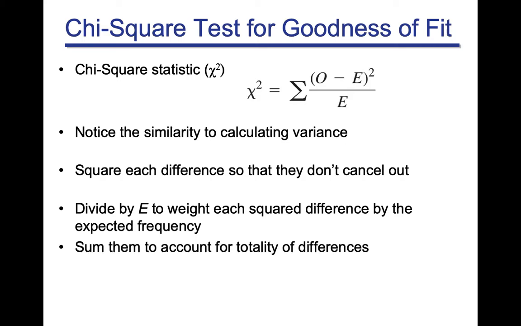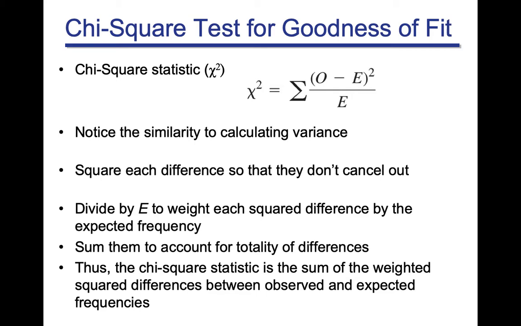A little bit of a sidebar, but ultimately we sum the observed minus expected squared over expected to account for the totality of differences in those different cells in the design. So therefore, the chi-square statistic is the sum of the weighted squared differences between what we observed and expect.